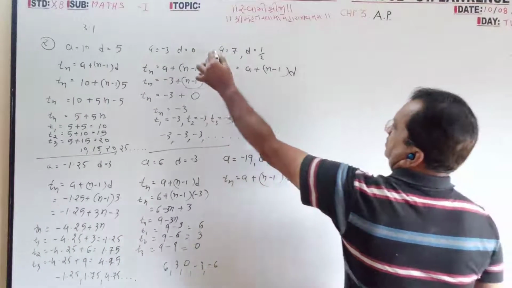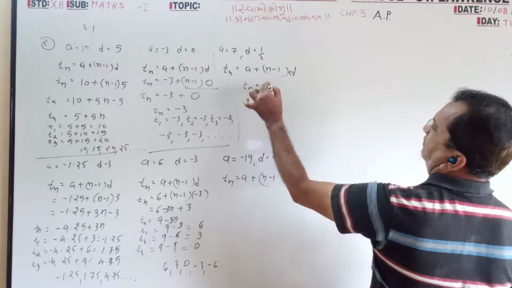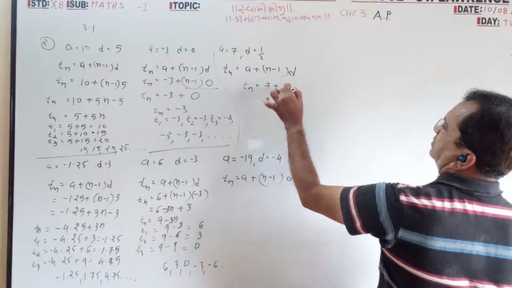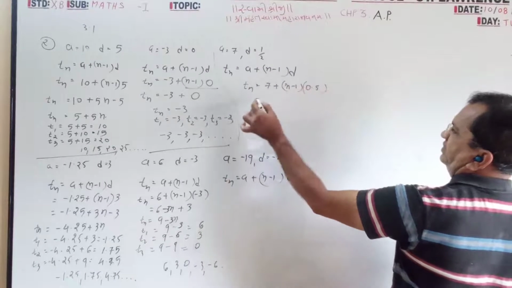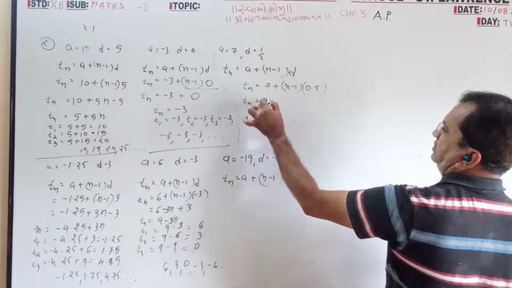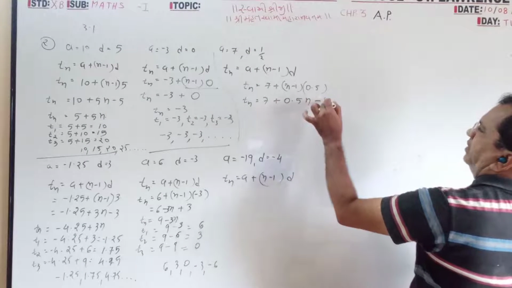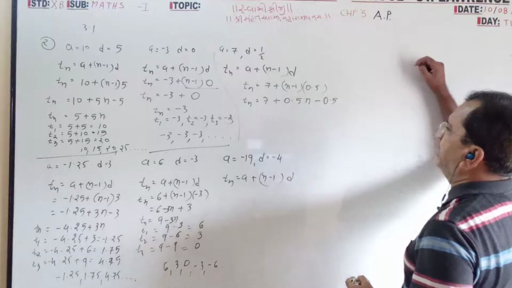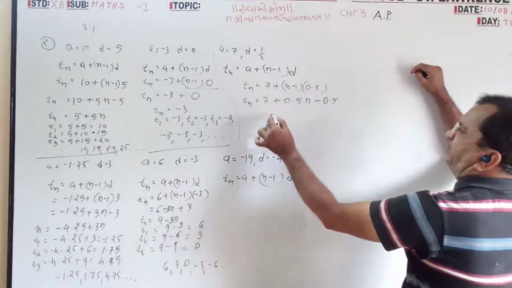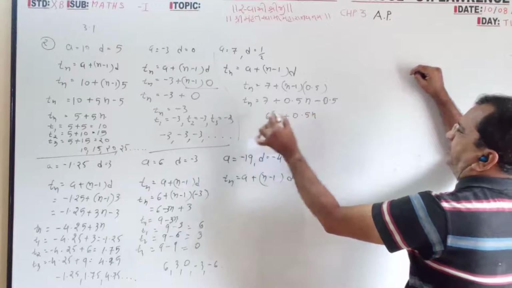Now here Tn is equal to A, which is 7, plus n minus 1 times 0.5, half is given. Tn is 7 plus 0.5n minus 0.5. 7 minus half is 6.5, plus 0.5n.